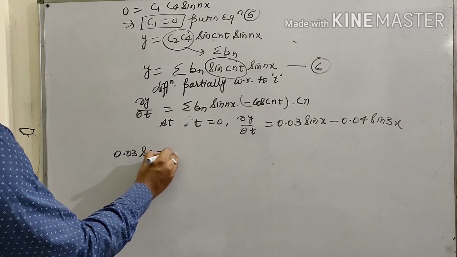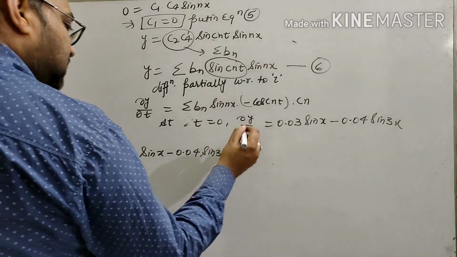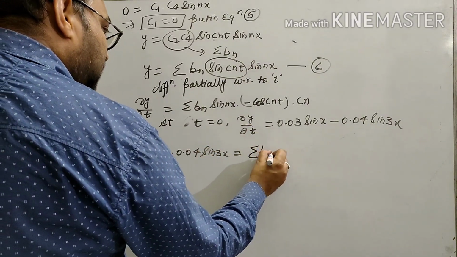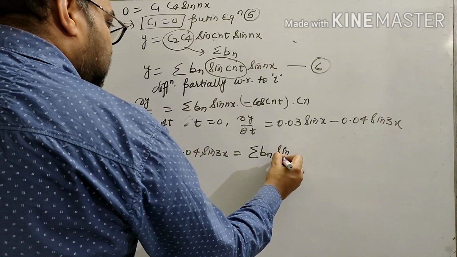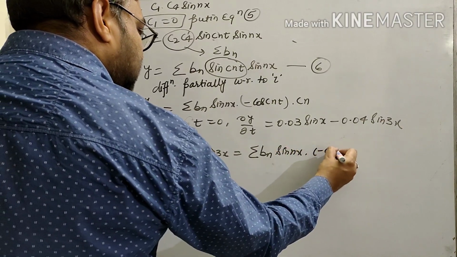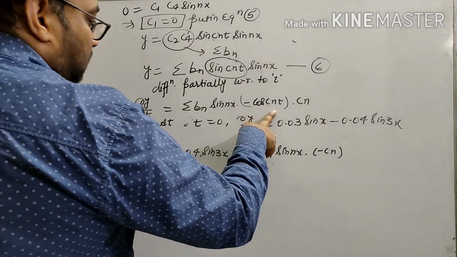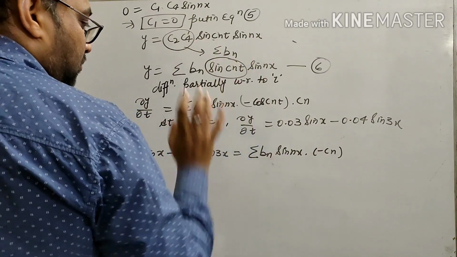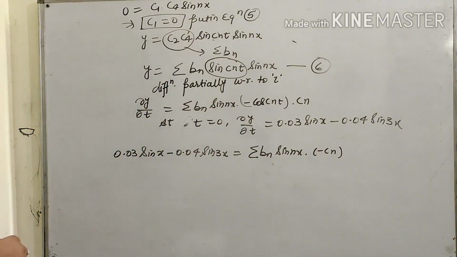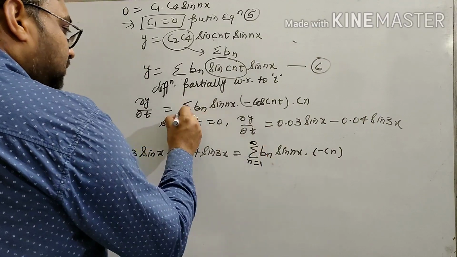So 0.03 sin x minus 0.04 sin 3x is equal to sigma bn sin nx into minus cn, because cos 0 is 1. So from here, this sigma goes from n equals 1 to infinity.